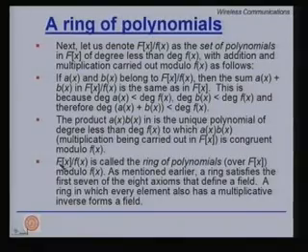This F[x] over f(x) is a set of polynomials, all of which have degree less than the degree of f(x), because it is the remainder after you carry out the division. And we are talking about when will this set form a ring and when will it form a field. As mentioned earlier, a ring satisfies the first 7 of the 8 axioms that define a field. A ring in which every element also has a multiplicative inverse forms a field.